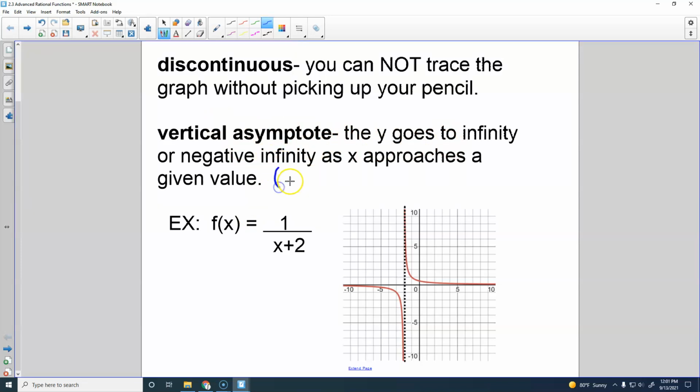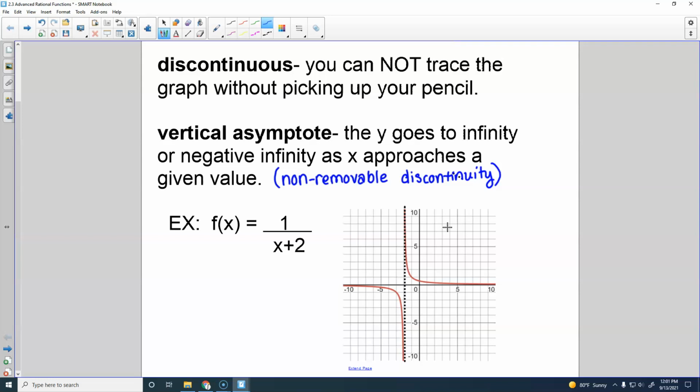Okay, so vertical asymptotes also are sometimes called non-removable discontinuities. So non-removable discontinuities includes other types of discontinuities, but a vertical asymptote is what we call non-removable.